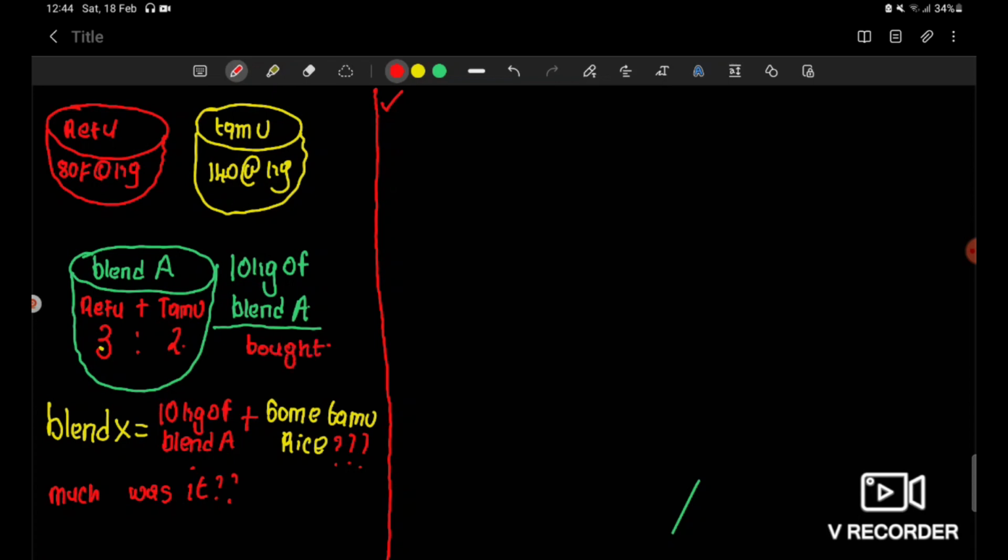How are you going to do it? You're only going to say 3/5 times 10, which will give us 6 kg of refu in blend A bought.